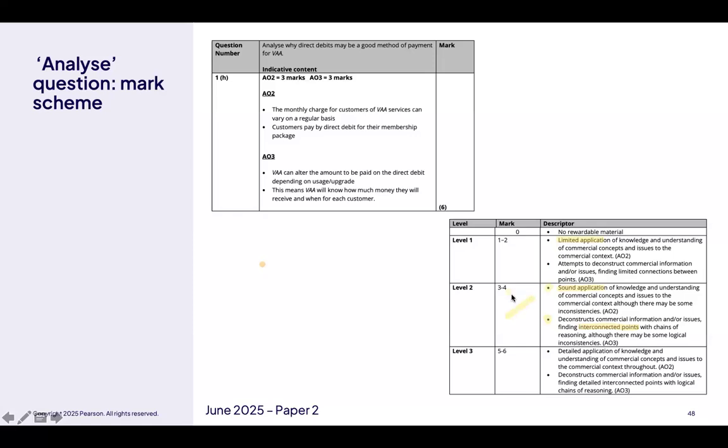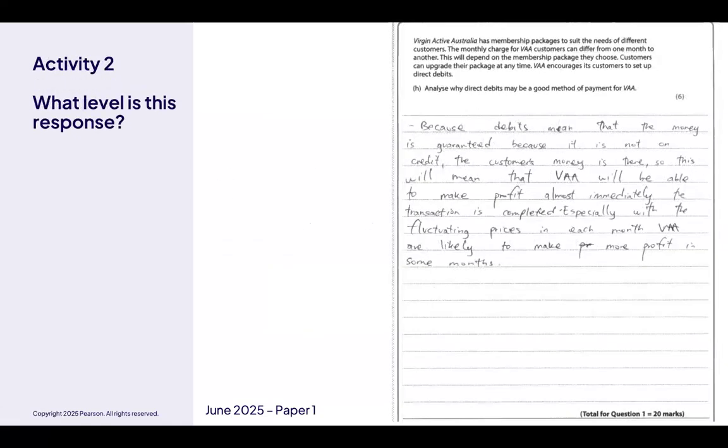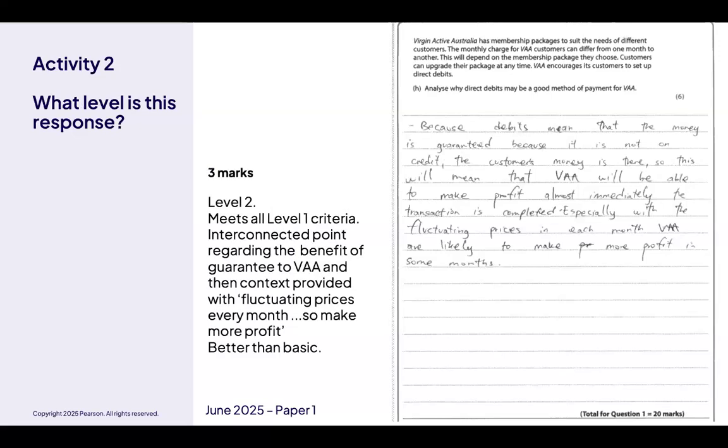And that's why on the best fit model, now we will probably all agree that in some ways it's not the strongest response. But it meets all the level 1 criteria.